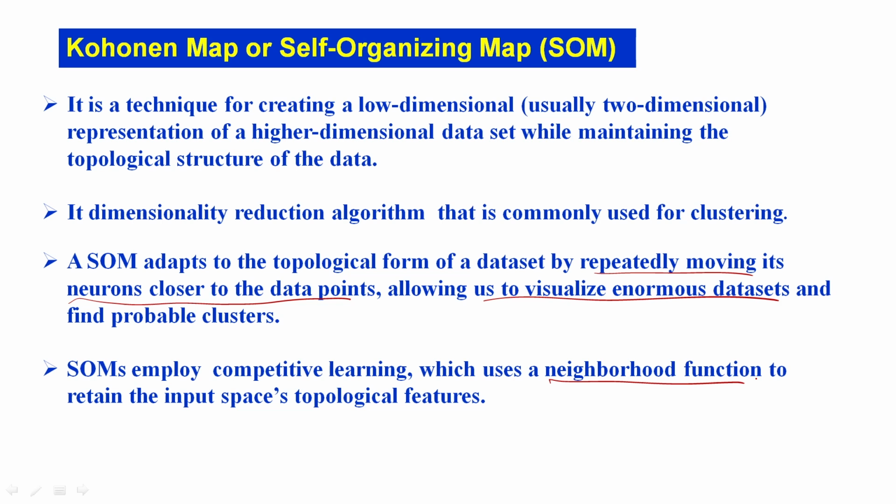Neurons will adjust to the distribution of the input data. It is in a grid, right? Then they will adjust to the distribution of the data. They will understand how the data is distributed, so that they can adjust themselves. And then neighboring neurons will change even their weights, because we are using weights and biases for this, in response to the similar data points. So, finally, they can make these clusters, right, that is what is done.